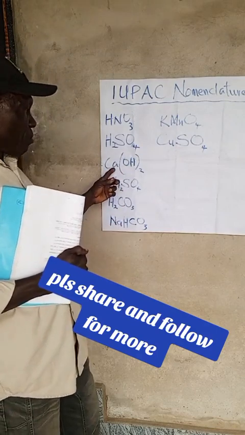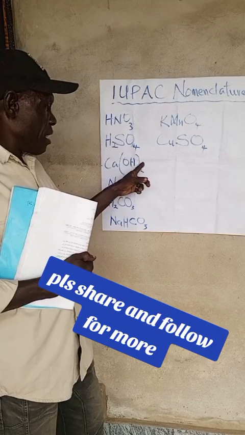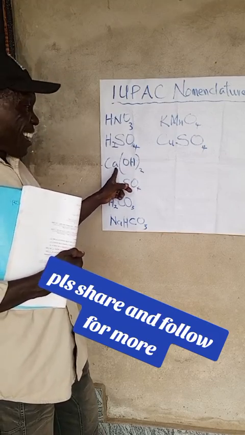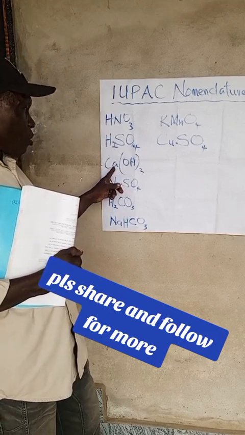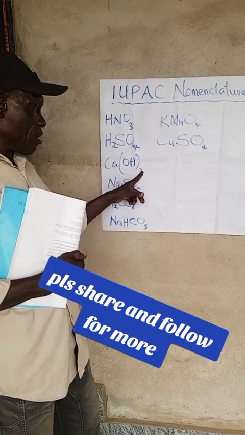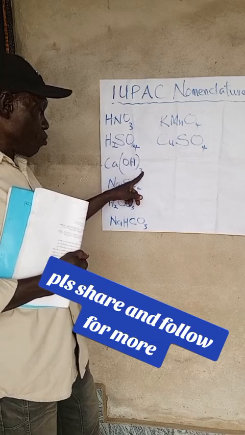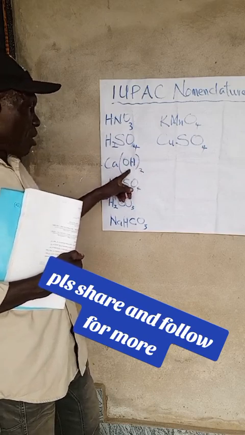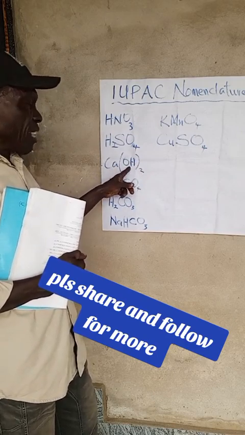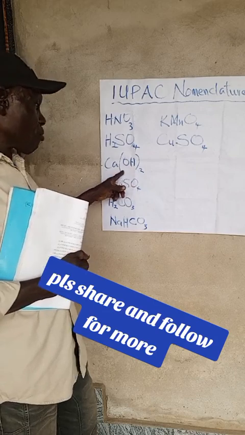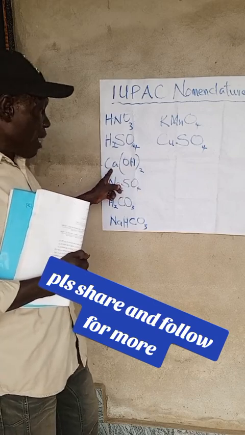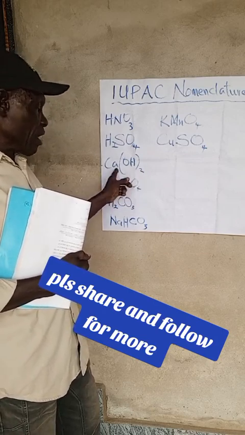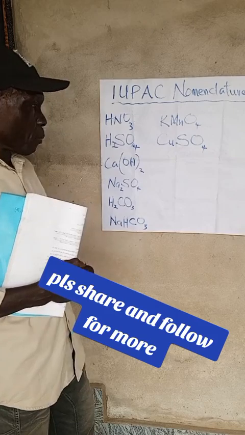The 2 of calcium goes to hydroxyl. Hydroxyl has only 1, the 1 comes to calcium. So by exchange, the 2 that were of calcium goes to hydroxyl. That's why you see the bracket open and close 2. That means the combining power of calcium is 2, now called calcium hydroxide or calcium 2 hydroxide. Calcium 2 that we mentioned means that the original number of calcium is 2 as it combined with the hydroxyl radical.